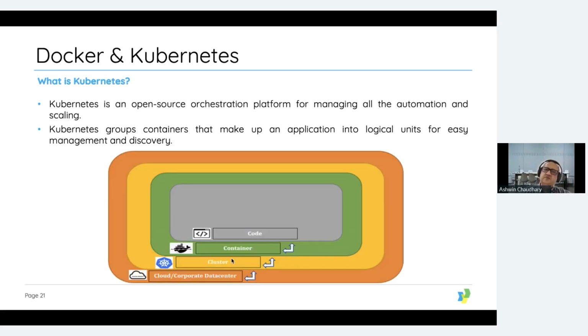What is Kubernetes? Kubernetes is an open source orchestration platform for managing all the automation and scaling. Right? That helps you automate the application delivery process, and that is the main use of Kubernetes. Kubernetes groups containers that make up an application into logical units for easy management and discovery. So you can discover applications easier, and have easy delivery and management of applications through Kubernetes.